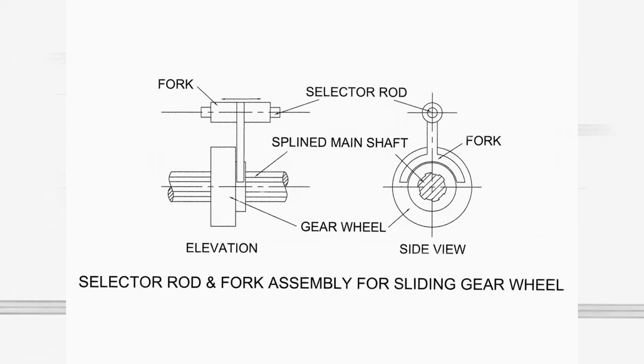I would be considering fork fixed on the rod and assuming that the whole rod moves, which is the first option. Again, the number of forks depend upon the number of gear wheels which are to be moved.